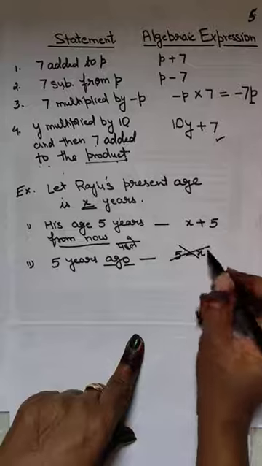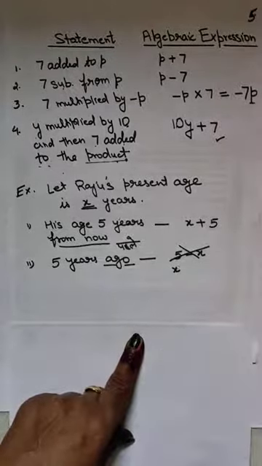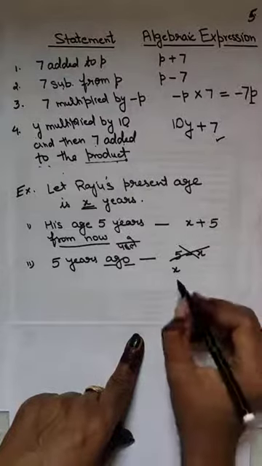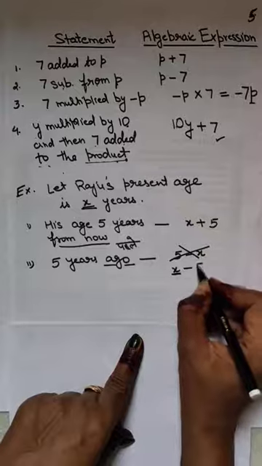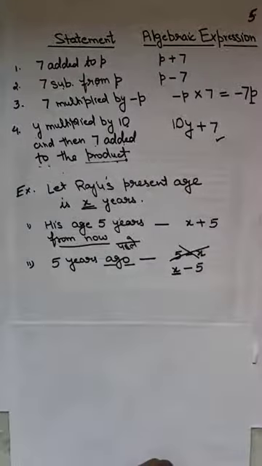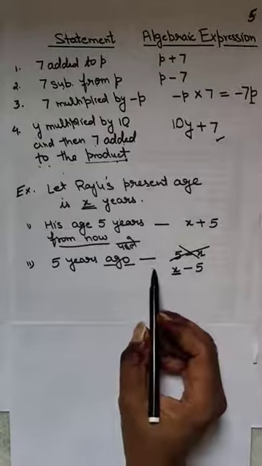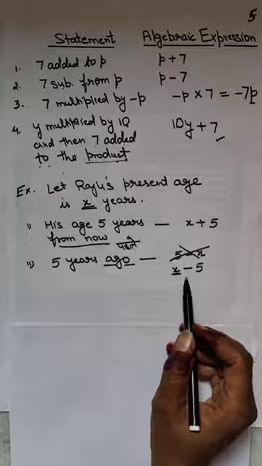This is wrong. His present age is x. From the present age, you will subtract 5 years. From 5, you will not subtract the present age. So, 5 years ago, his age was x minus 5.